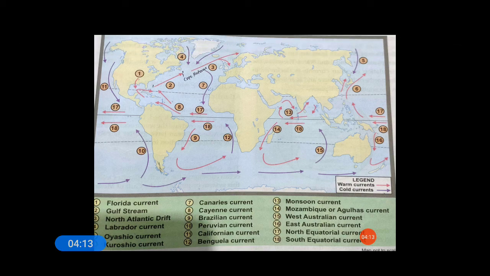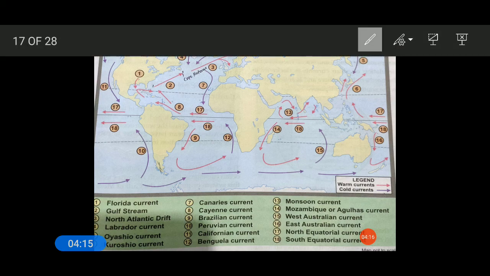This is the North Equatorial Current, and this same North Equatorial Current gets diverted due to the obstruction of the land body here and converts into the Kuroshio current.